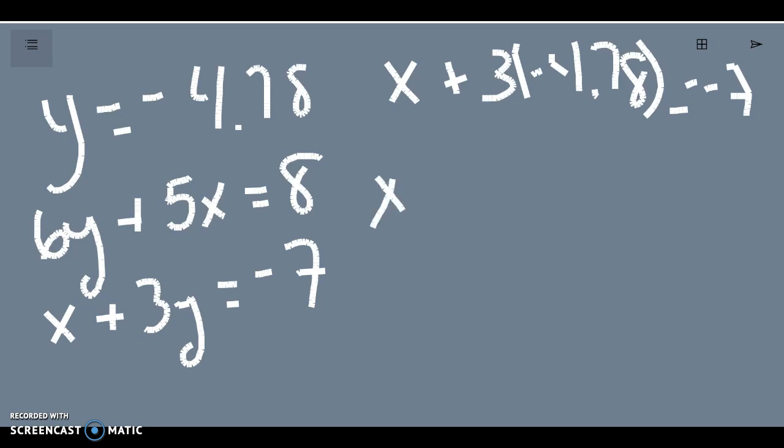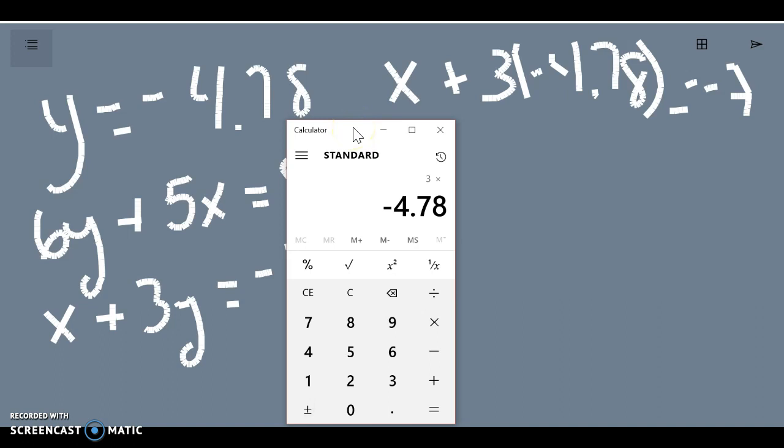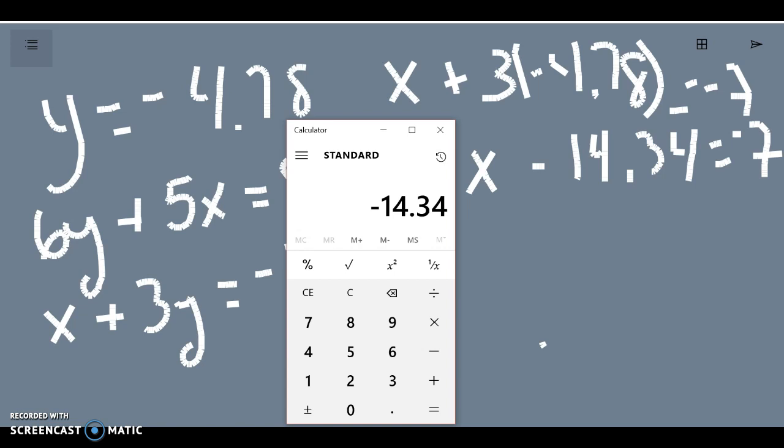So I get x, let me use my calculator. That's 3 times negative 4.78, which is negative 14.3. Alright, so now I'm going to add that to negative 7.